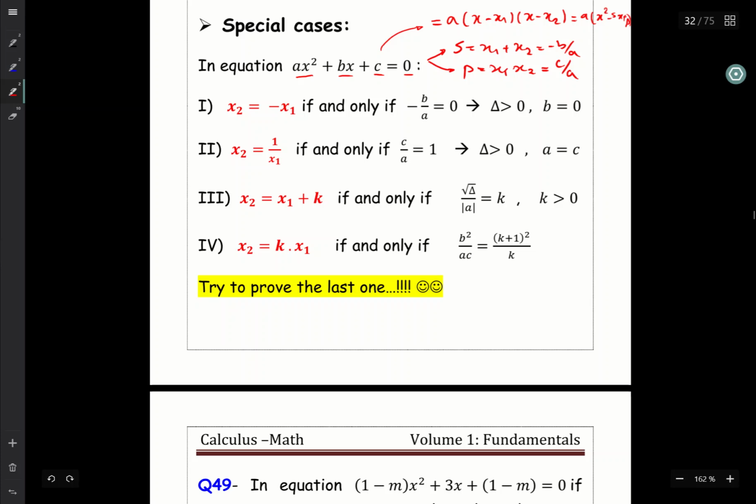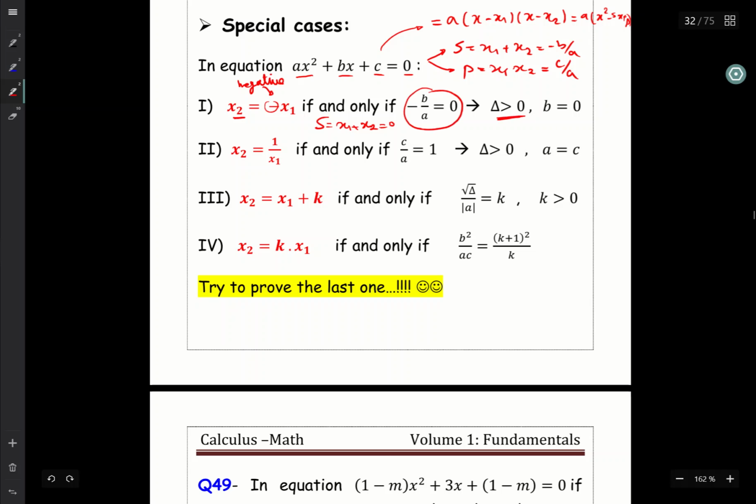So if one root is the negative of the other, then what happens? Then the sum of the roots is 0, right? x1 plus x2 is basically 0. This means that minus b over a should be 0.